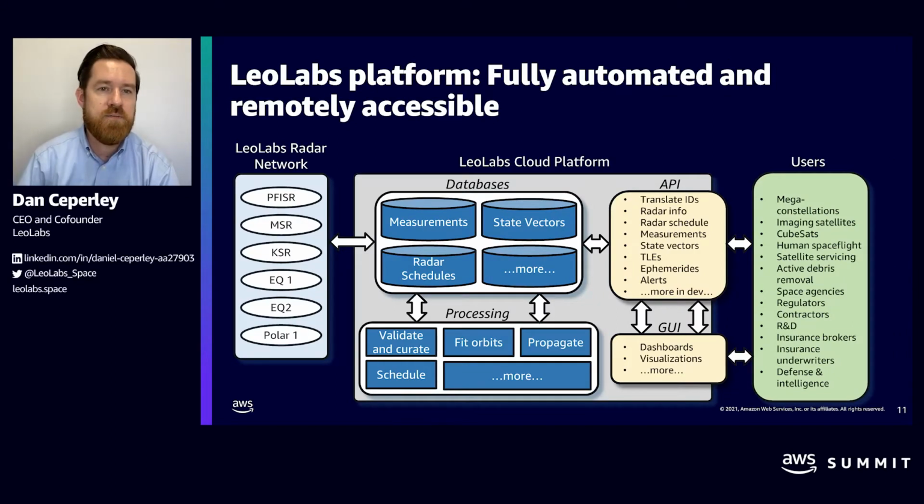So this is the foundational data set that ultimately drives the collision avoidance service that we'll be talking about here in just a second. The other big technological piece of the business is our SaaS platform. So this is the software system that lives in the AWS cloud that provides the real-time services. It processes the data in real time as it flows off the radar network, and it responds to customer requests in real time.